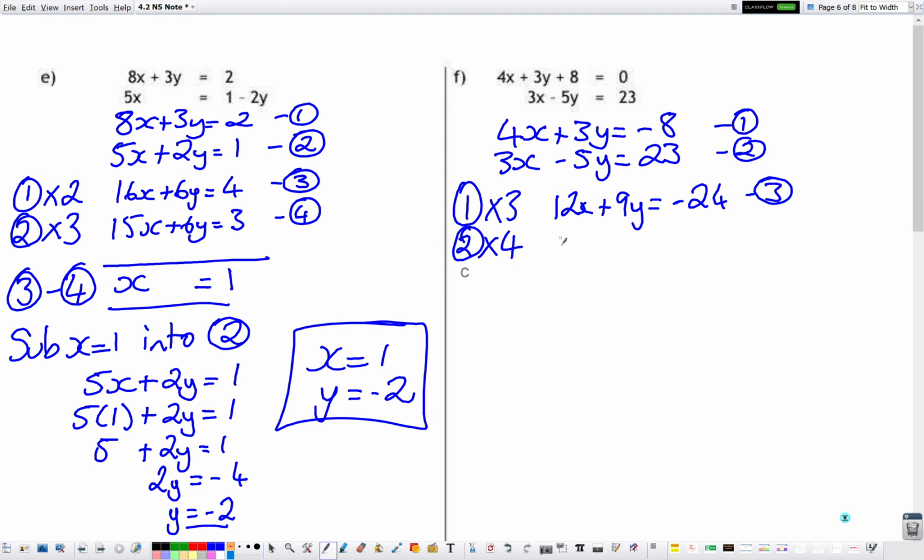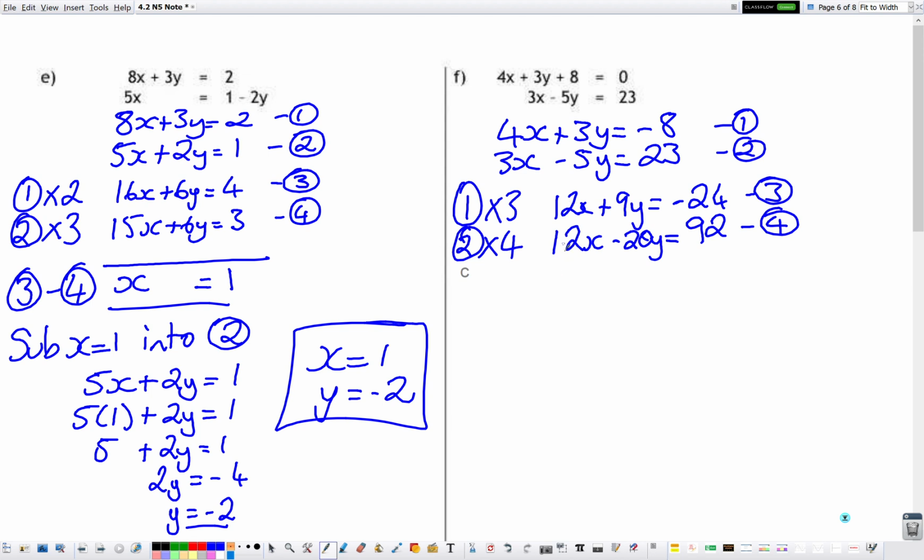And equation 2 times 4 is going to be 12x minus 20y equals 23 times 4. 20 times 4 is 80, 3 times 4 is 12, add them together, 80 plus 12, 92 for equation 4. Okay, so now I've got my x's waiting to be eliminated.